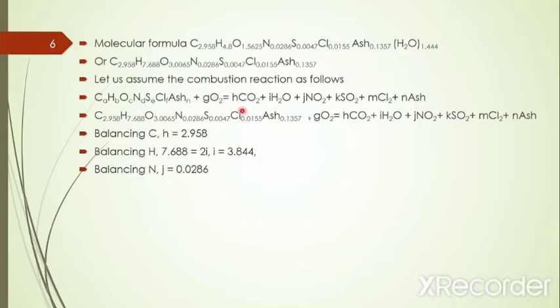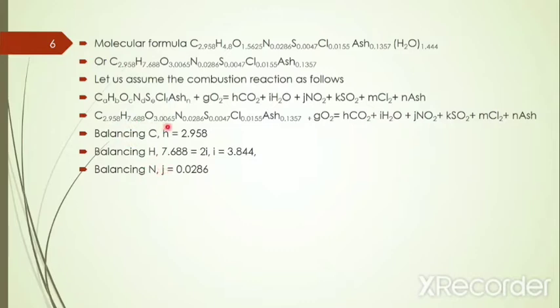Now we can go for the balancing of nitrogen. Remember, the oxygen balance should be done last, because oxygen appears in most of the terms. You can see here we have oxygen, here we have oxygen, here we have oxygen. So most of the terms contain oxygen atoms, and you can find that only in the last step. So we go for nitrogen next.